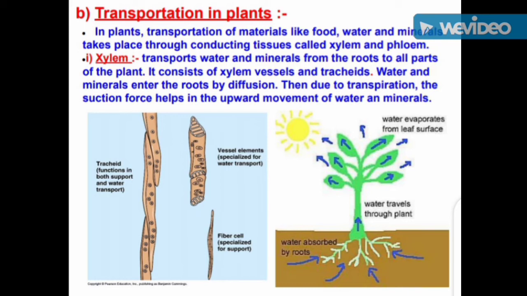It consists of xylem vessels and tracheids. Water and minerals enter the roots by diffusion. Then, due to transpiration, the suction force helps in the upward movement of the water and minerals.